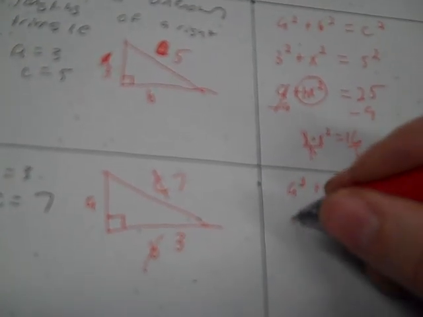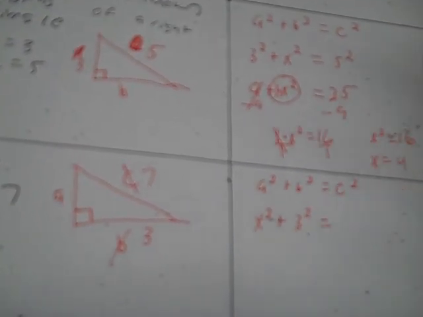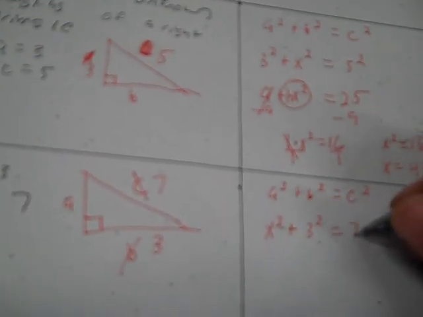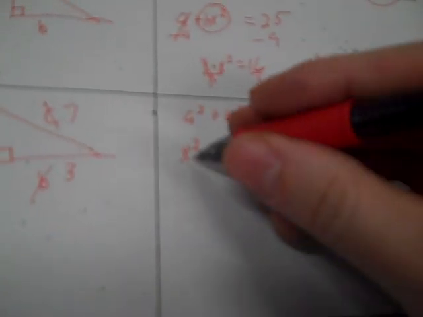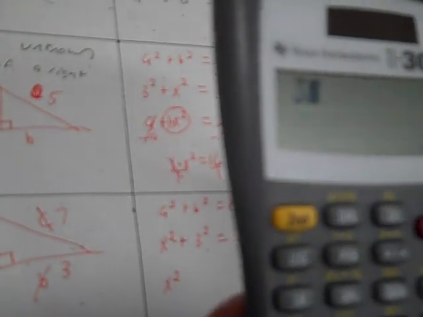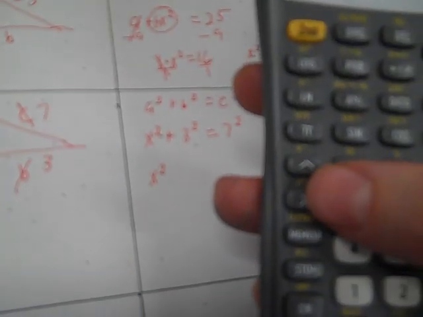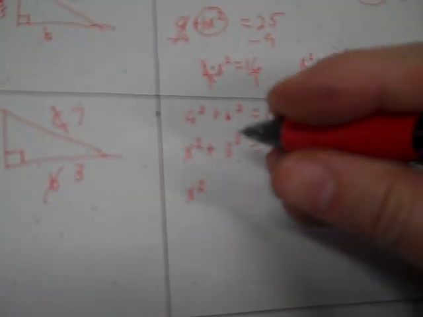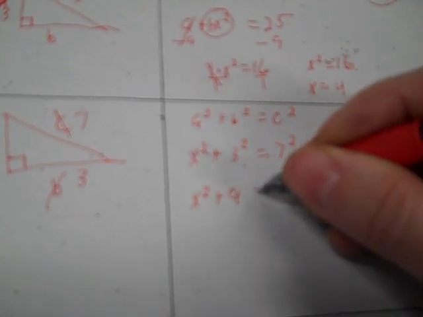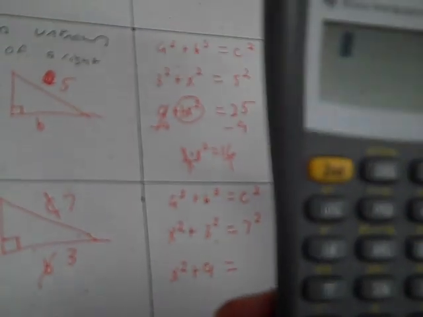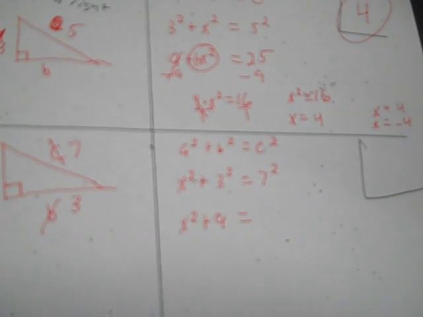Okay, so I don't know my A, so I replace the A with X. B I know is 3, so 3 to the second. And then C I know is 7 to the second. So X to the second. And 3 to the second is 9. Just hit that little key there. It's like 3 times 3. And 7 to the second is 49.